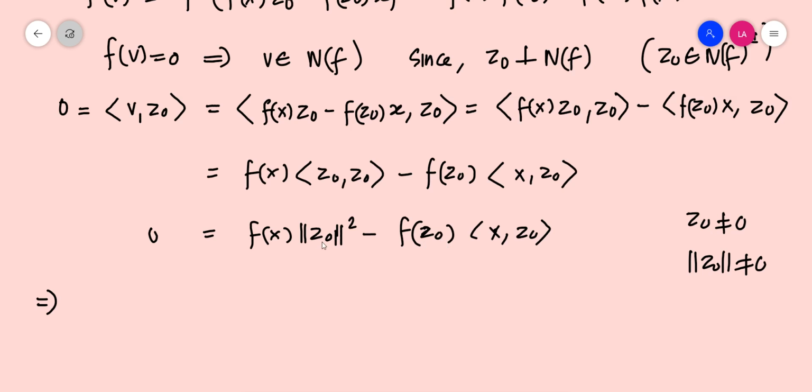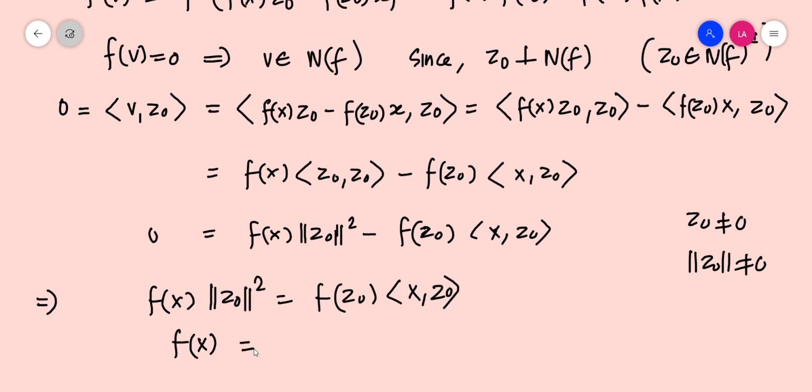Which implies, we take this negative onto the other side. So we can rewrite f(x) times norm z0 squared should be equal to f(z0) times the inner product of x with z0, which implies f(x) should be equal to f(z0) divided by norm z0 squared, times the inner product of x with z0.